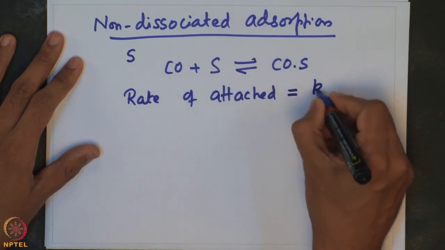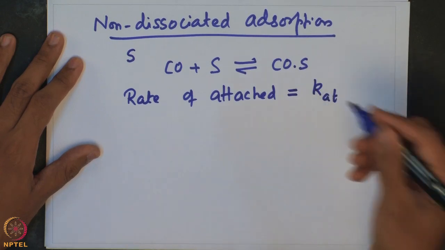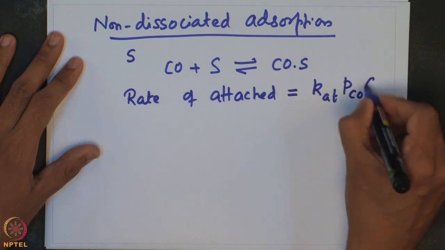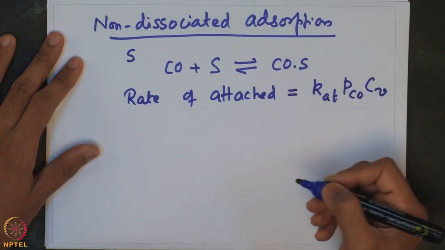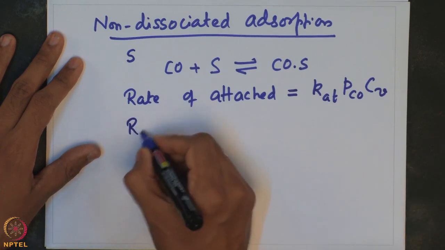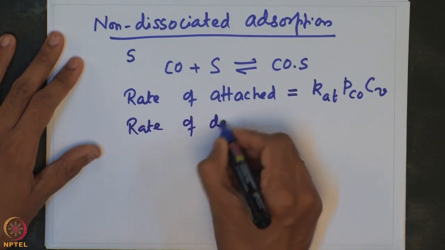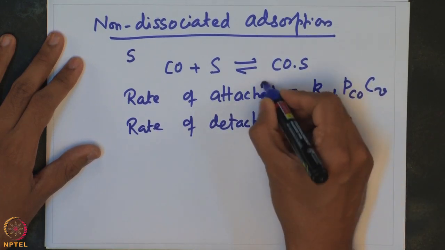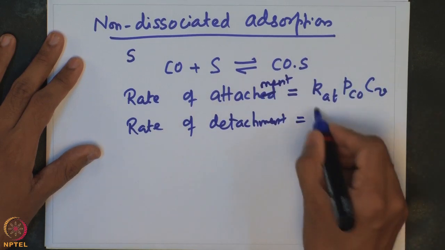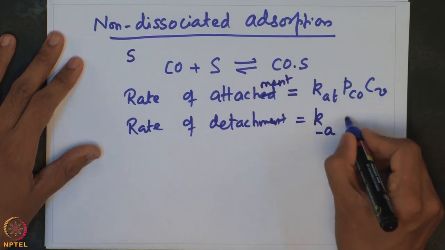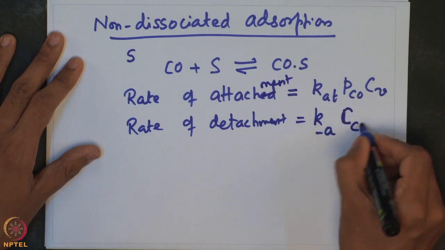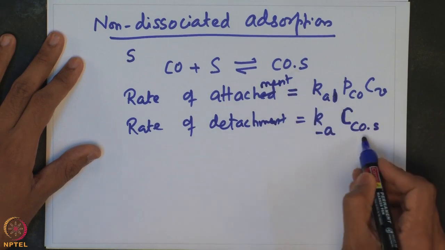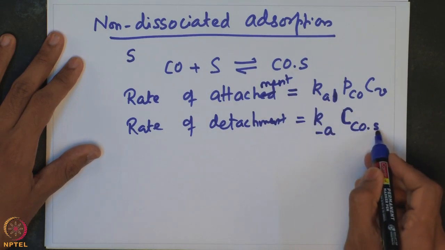So, that should be equal to k_a, let us say the attachment constant, multiplied by the partial pressure of CO multiplied by the concentration of the vacant sites, C_v. Now, the rate of detachment will be k_minus_a into the concentration of the species which is bound to the active sites.